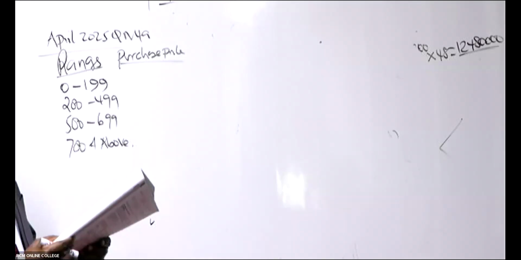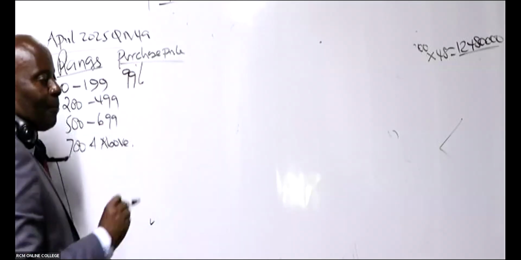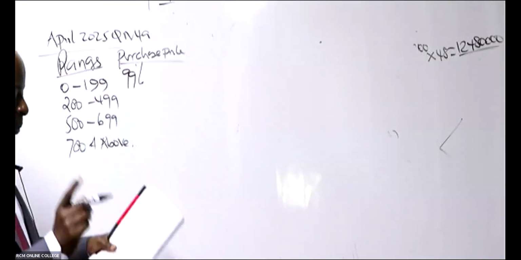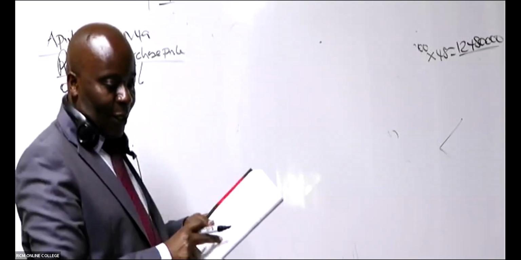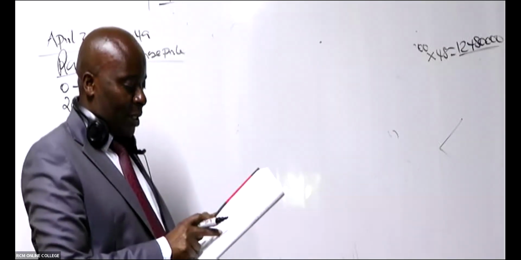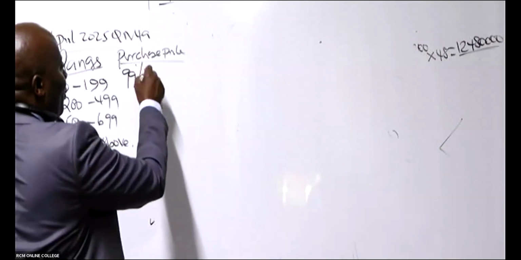So in that case, we shall be procuring these goods at what percentage? 99%. Are you able to see the original purchase price? The very original purchase price, I see it there as 15. So 99% times 15.